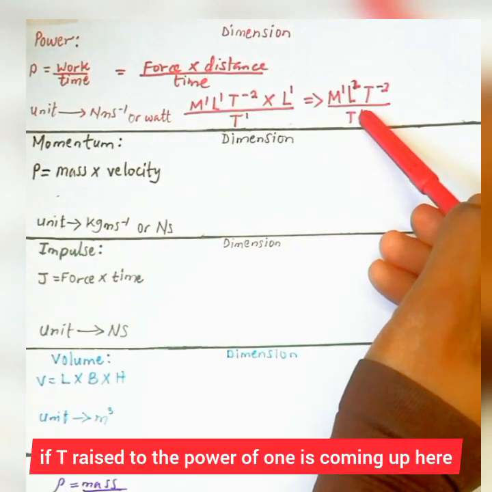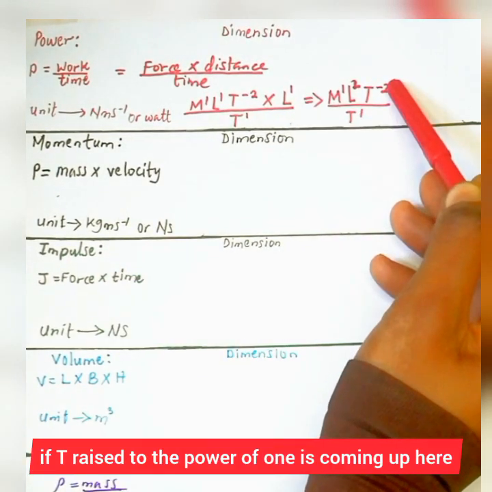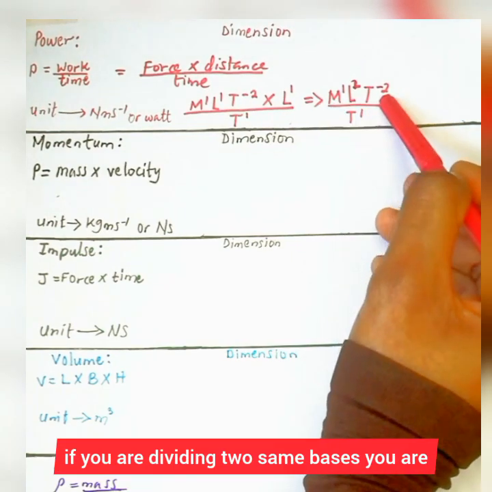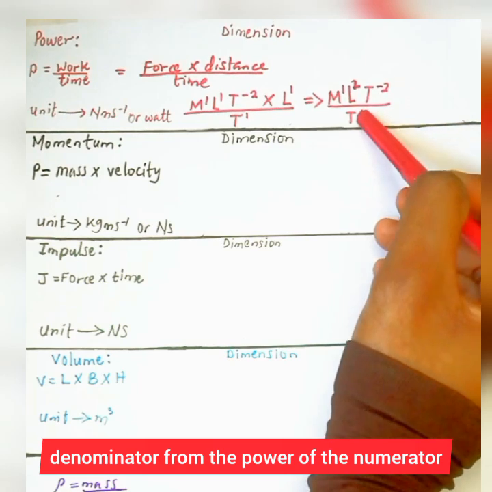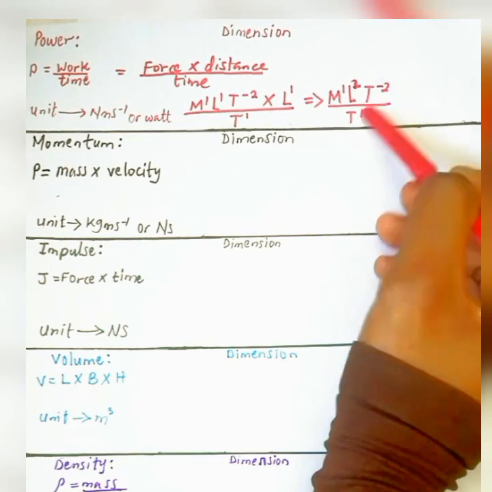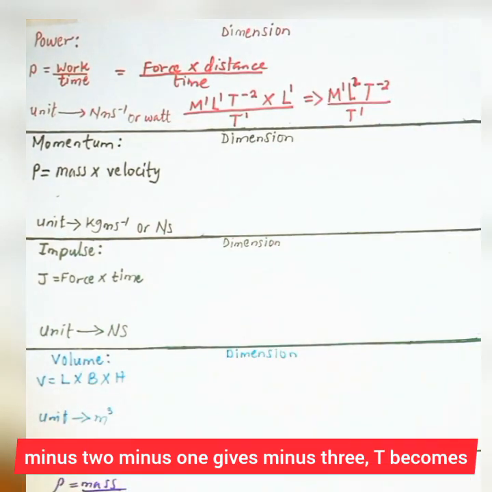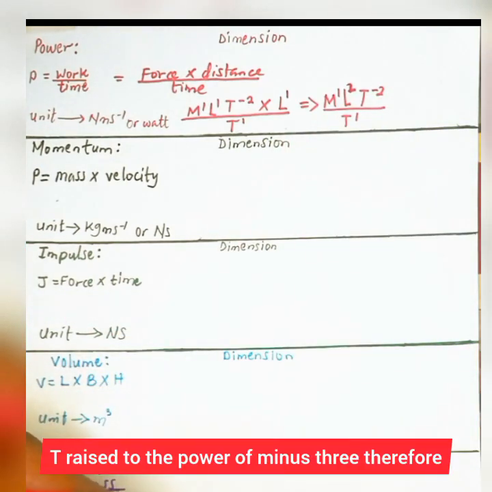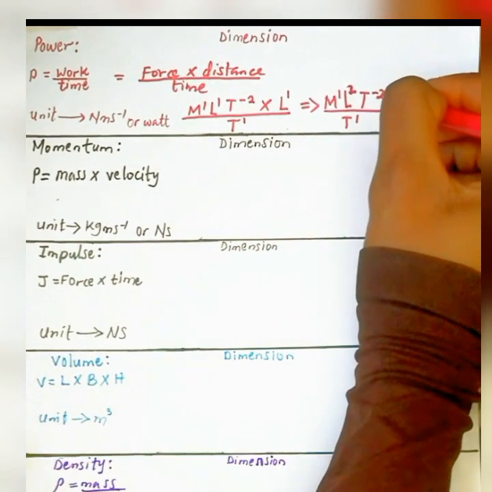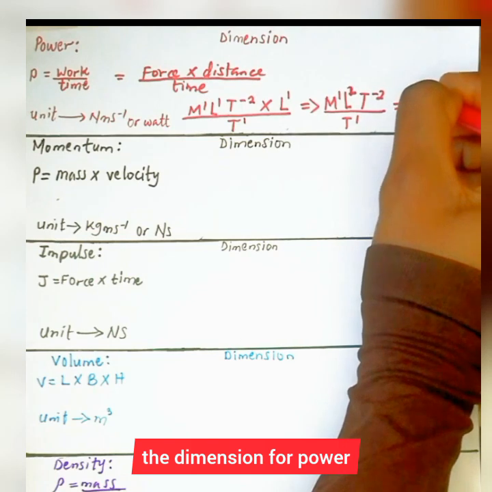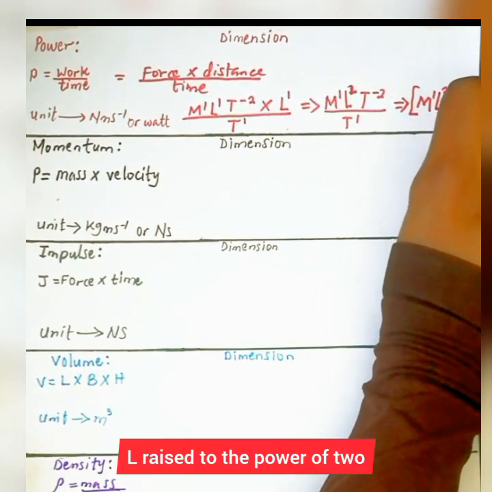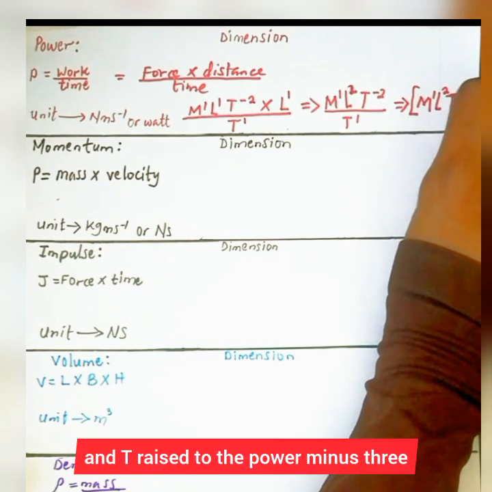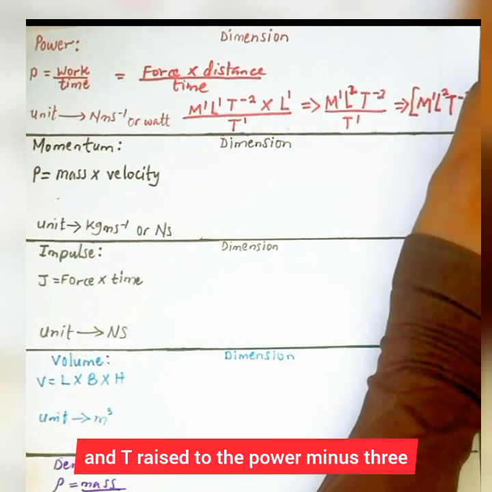If you are dividing two same bases, you are going to be subtracting the power of the denominator from the power of the numerator. Minus 2 minus 1 gives minus 3. T becomes T raised to the power of minus 3. Therefore, the dimension for power is M raised to the power of 1, L raised to the power of 2, and T raised to the power of minus 3.